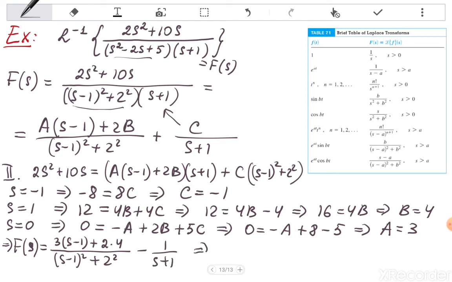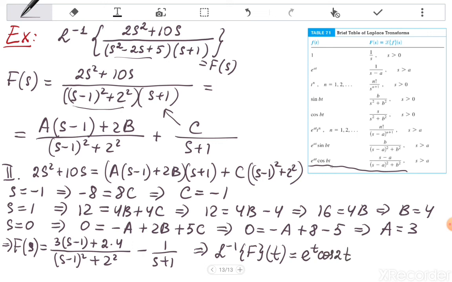So therefore the inverse Laplace transform of the function f at a point t is equal to, so we have 3 times (s minus 1). Here we'll use the formula for cosine. So alpha is 1 here and beta is 2. So we get e to the t cosine 2t, right?